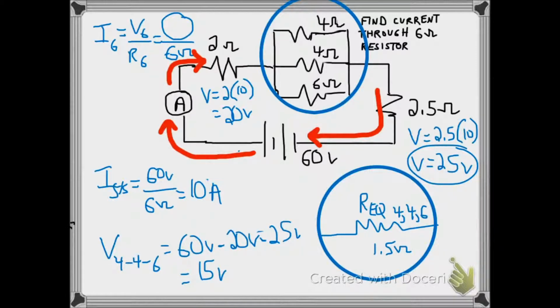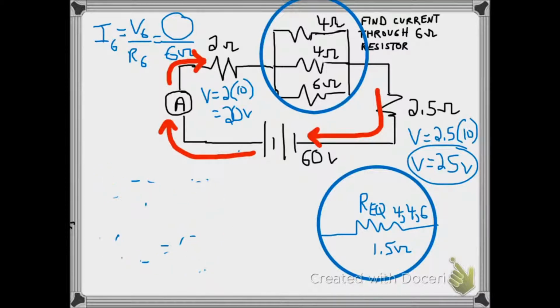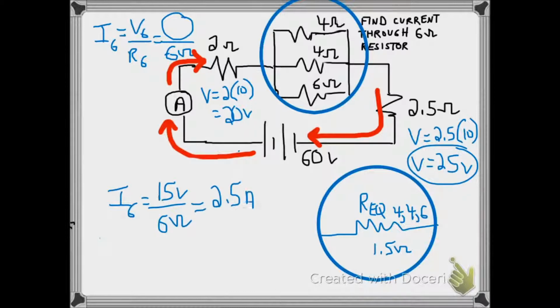That finally lets us calculate the current we want, which is the current through the 6 ohm resistor, because now we can just say it's 15 volts divided by the 6 ohms, which gives us a current of 2.5 amps.